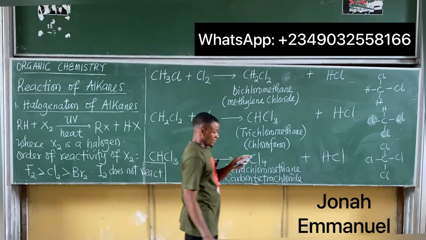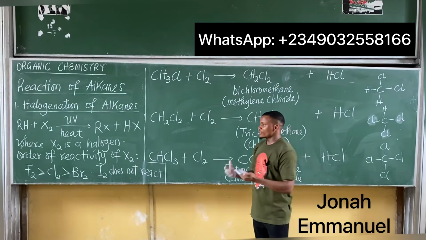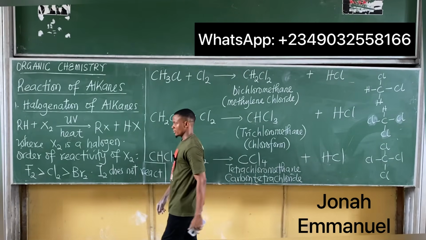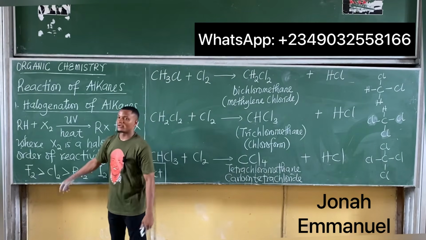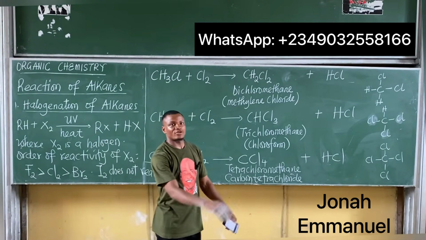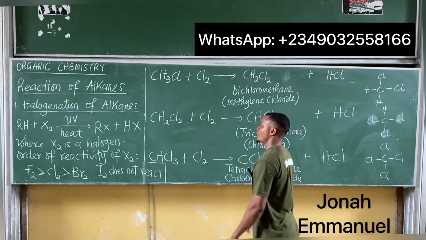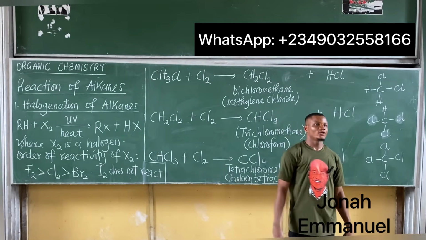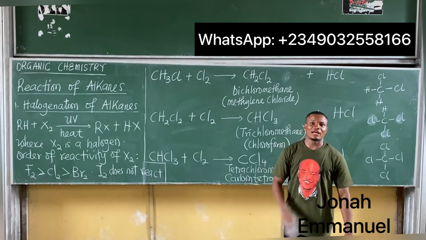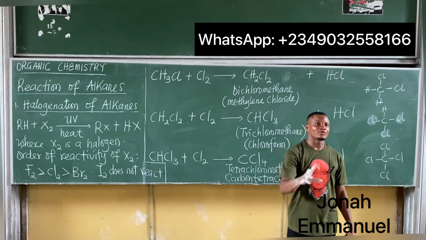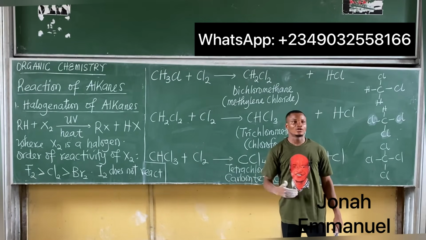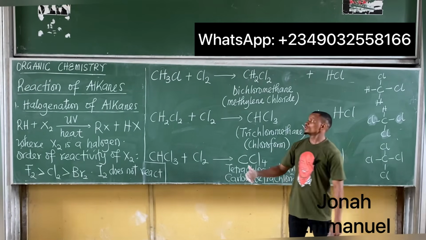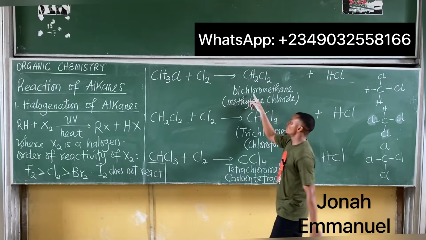All right. The general reaction of the alkane with the halogen: the most reactive is fluorine, followed by chlorine, followed by bromine. Take note that if you're forming this, please do not use iodine. Why? Iodine does not react. So don't just start saying diiodomethane.